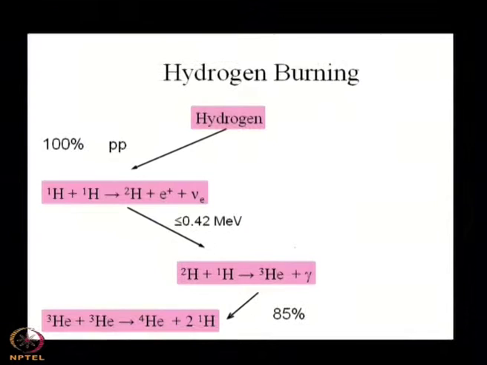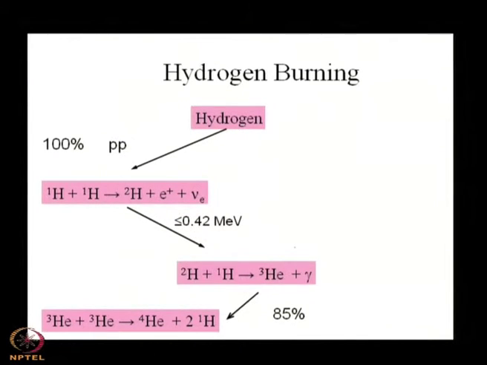In each of these reactions, two hydrogen atoms combine and produce deuteron, then produce helium 3, and then you have helium 4 forming. Okay. So, let us make a brief summary of what is the end product of this entire chain of reactions.